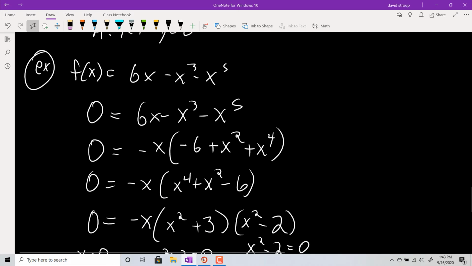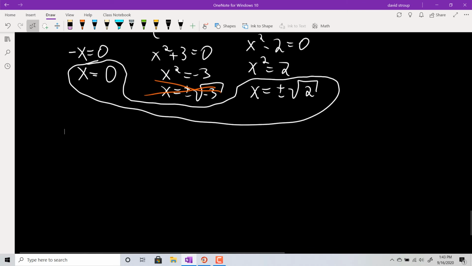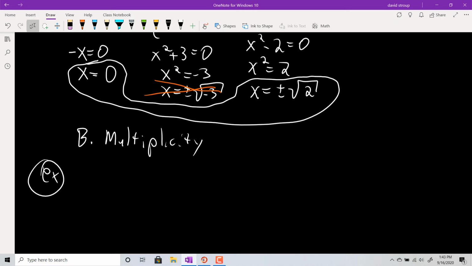Okay. One thing that happens sometimes with finding zeros is you'll get multiple zeros. And they call this multiplicity. So for example, if you have x squared plus 4x plus 4 equals 0 and you're solving this, factor it.